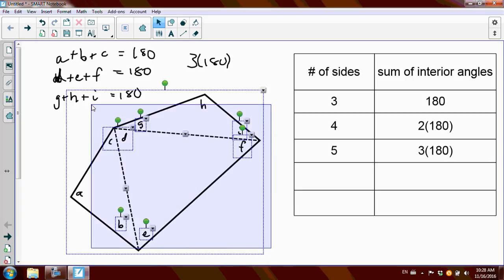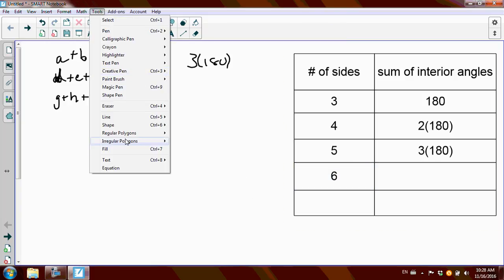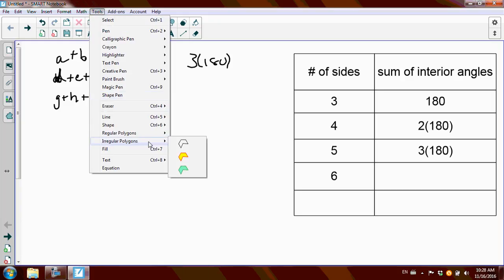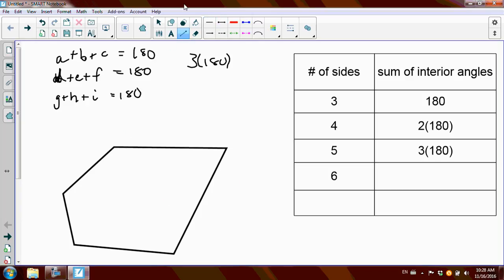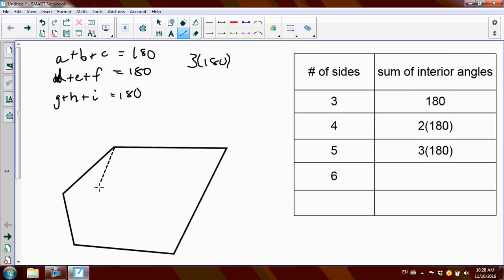Okay, I'll go one more step. Let's do a hexagon, 6. 1, 2, 3, 4, 5, 6. Hexagon. All right. I'm going to pick a vertex and draw all the diagonals that I possibly can from that vertex. I'll use this one. So I can draw, oh wait, that's a pentagon.